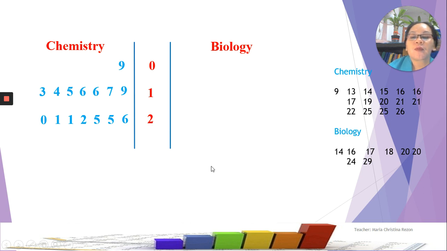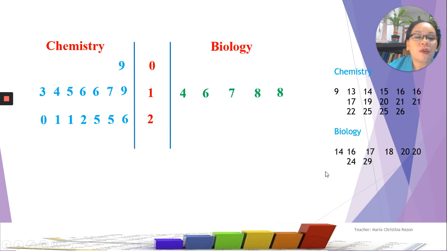And then after you're done with chemistry, you go to biology now. With biology, there is no single digit data here. So we move to tens digit, which is equal to 1. So you have 14, 16, 17, and 18. And we will write that aligned to 1 here.